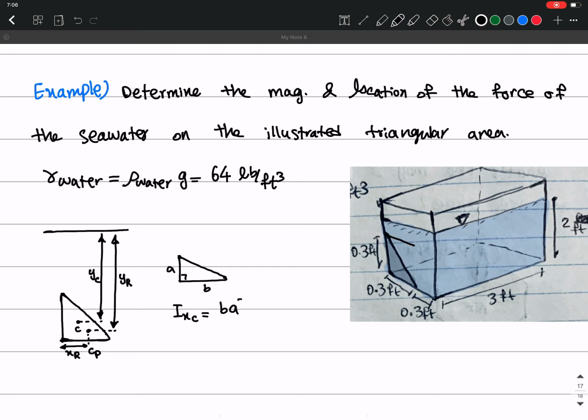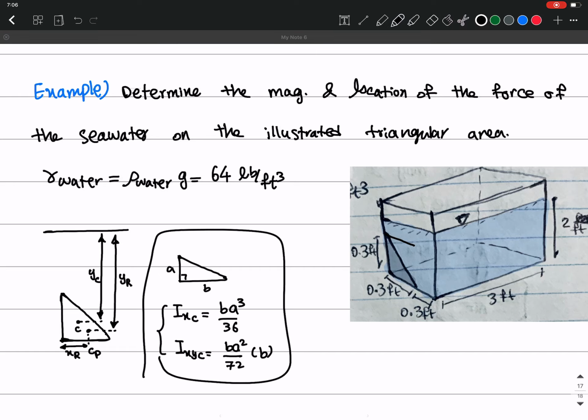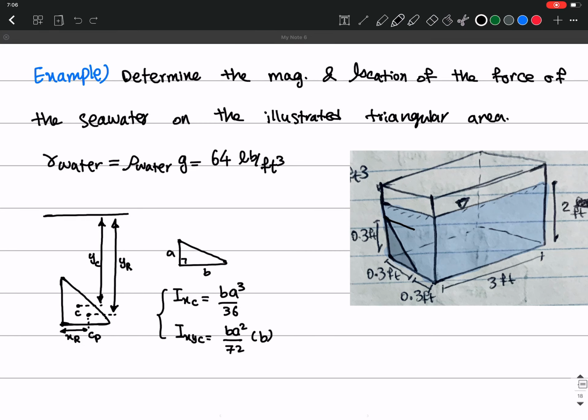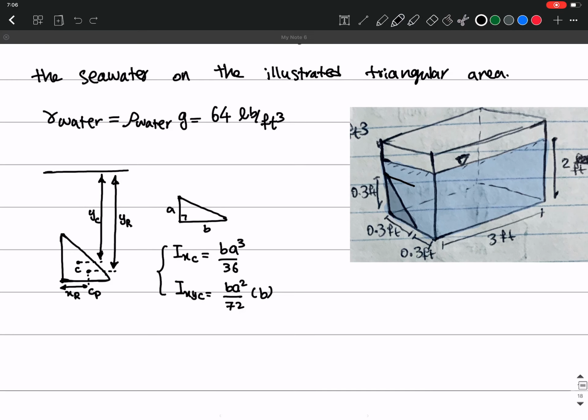So it's going to be b a cubed over 36, and I_xyc is going to be b a squared over 72 times b. So these we can find from a table. Okay, this will be given in homework or in a test. In homework you can use the table from the book, or in the test it will be given to you. Okay, so this C_P is the center of pressure for the second area moment.